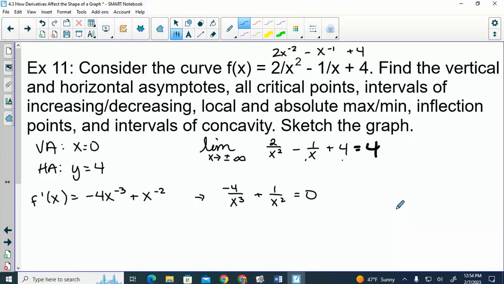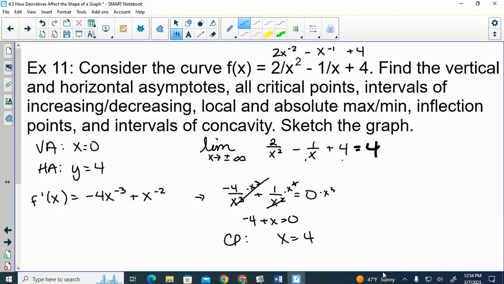Maybe do that thing where you multiply over the most x's. Okay. So what happens if I take everything times x cubed? So I get negative 4 plus x equals 0. So x equals 4 is a critical point.